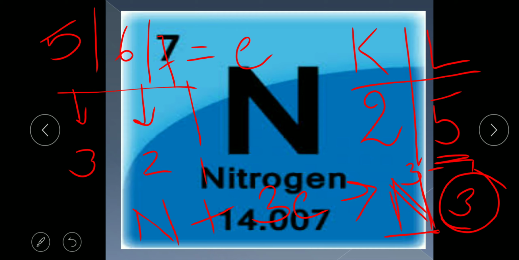And who gains? Who tries to get something from others? Those who have a deficiency of it. In the same manner, nitrogen has a deficiency of 3 electrons to fulfill its octet. So it will take 3 electrons. So when it takes the 3 electrons, plus over here, minus over here. Okay, so it will get a negative charge, that is 3 minus. So it is forming an anion. Its valency is 3 and it is a non-metal.